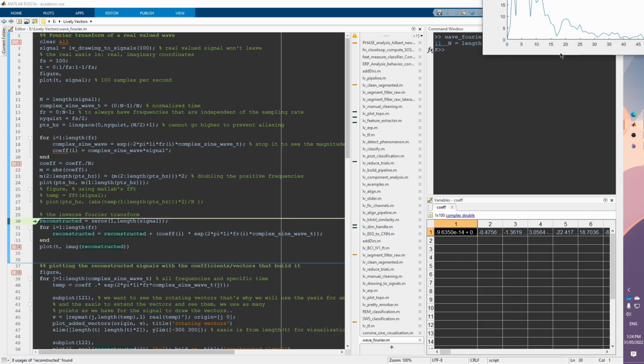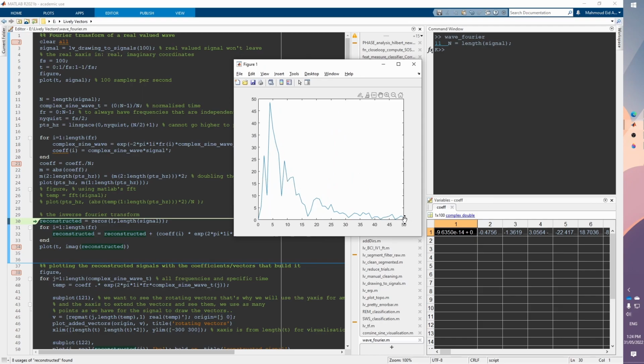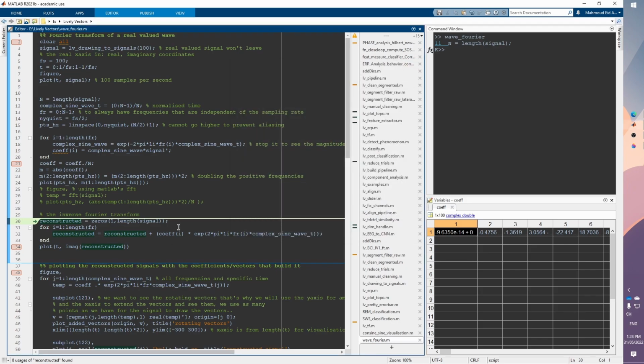Okay, so it will look something like that. And then we can recover our signal. The basic idea is to take each of these vectors with its particular frequency.